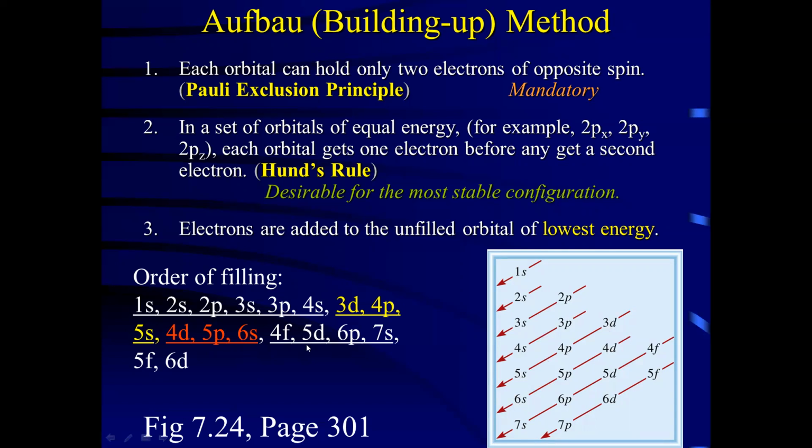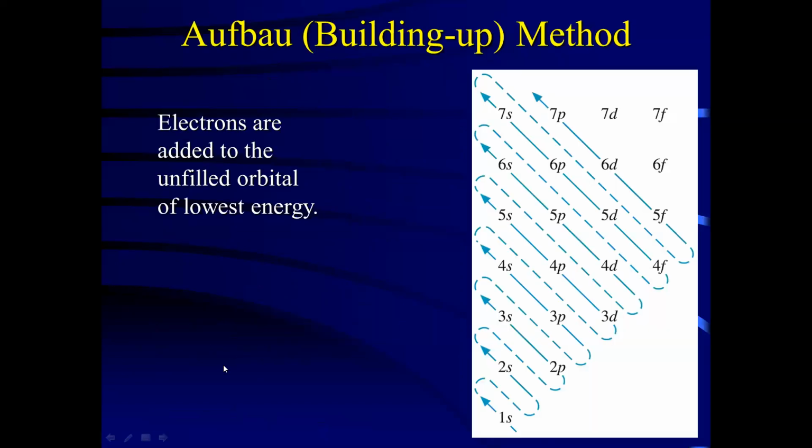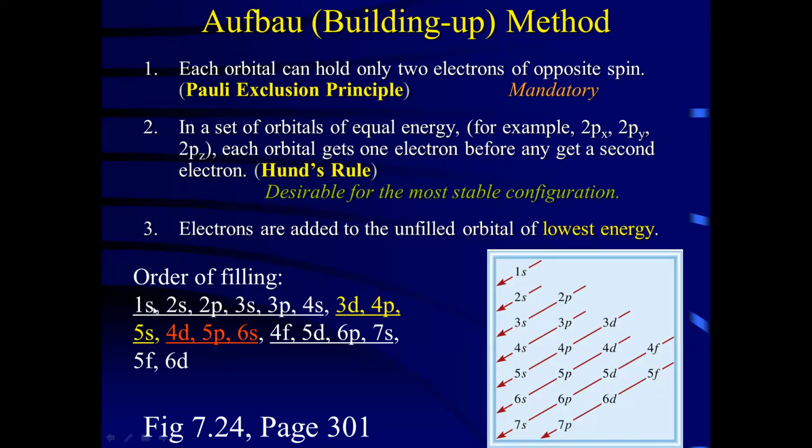And then you simply fill in the electrons, up to the maximum each orbital can hold. For example, s can hold 2 electrons, p can hold 6 electrons, then 2 electrons, 6 electrons, 2 electrons, and d, because d has 5 orbitals, can hold 10 electrons, and p again can hold 6 electrons.